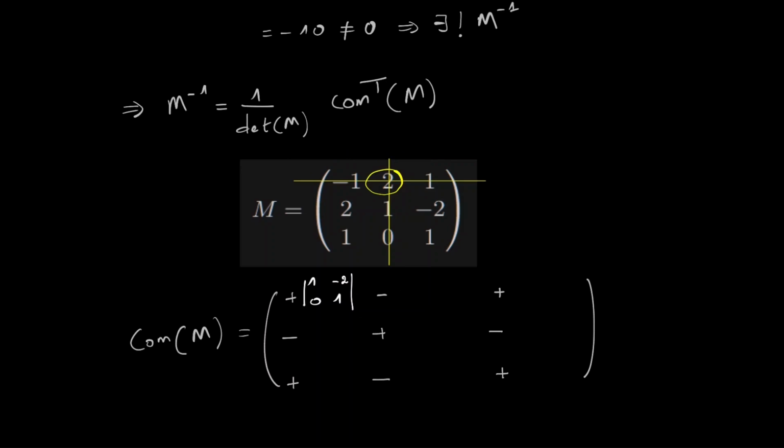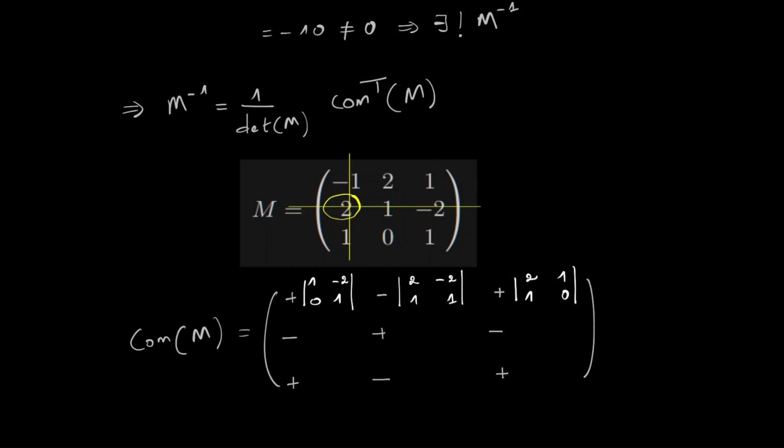We eliminate the first row and the second column. Then we have to calculate the determinant of this matrix. For the third position, we have to calculate this minor determinant. And we continue like that for each position.